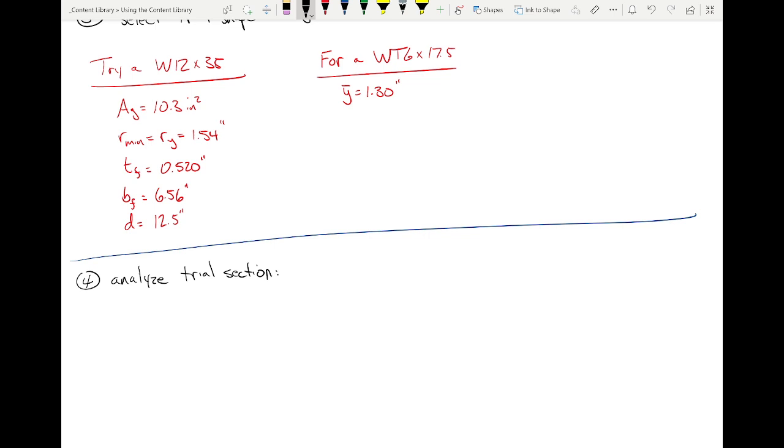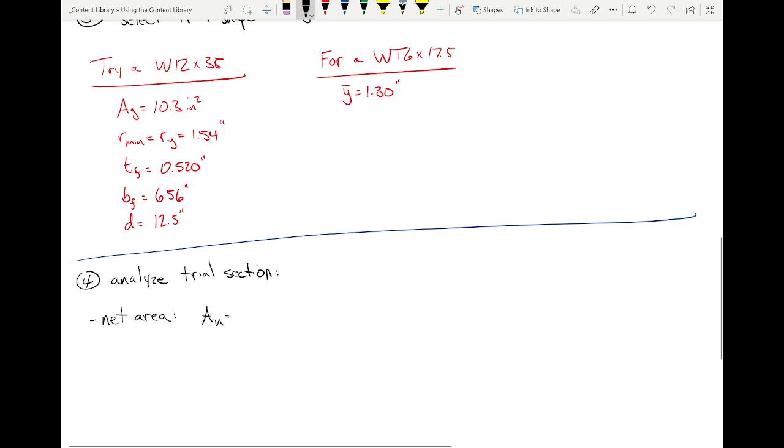We can do the gross section yielding right now. We know the Fy, we know the Ag. We can just compute that right now. Personally, what I like to do is compute the net area, compute the shear lag factors, and then do both of those at the same time. But it doesn't matter. You can do them in whatever order you'd like. I'm going to start with the net area.